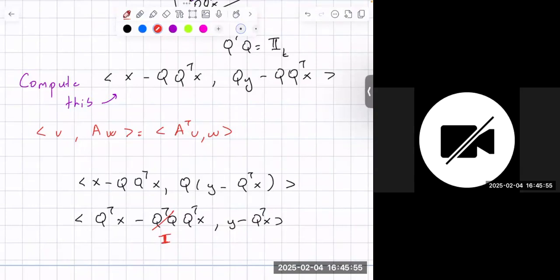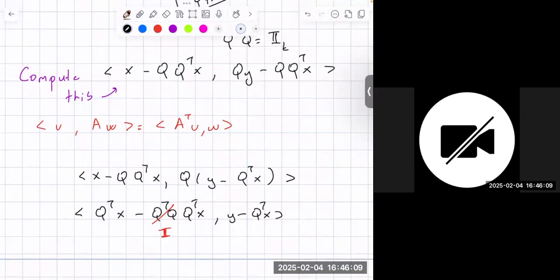And when you get rid of it, what do you see on the left? This vector minus the same vector. So that's a 0. And if you inner product anything with 0, you will get a 0. Okay, that's it.